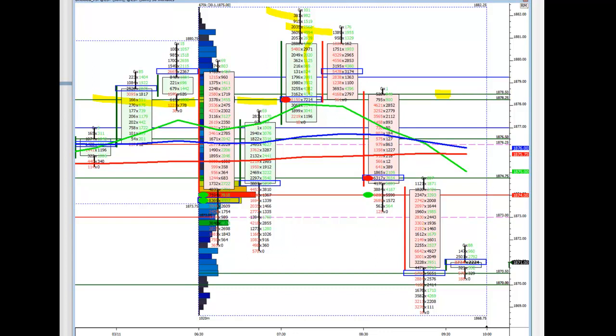Even if I were a buyer, I don't want to be trapped up here. The minute I begin to see this development and I begin to see order flow change, and this is the power of the order flow, then it behooves me to quickly get out of the way and adjust my trading position, either exit or take my profit.